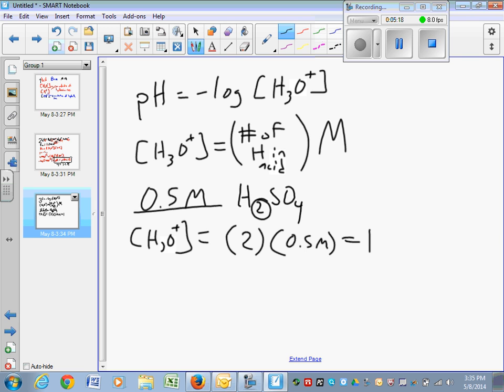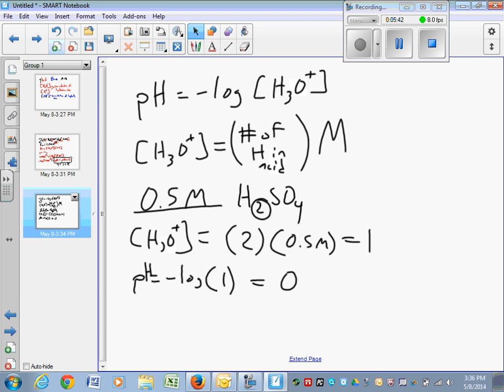So if we do that, it equals 1. Okay? So the hydronium concentration is 1. So what is the pH? pH is the negative log of 1. As it turns out, the negative log of 1 is 0. So the pH of that solution is 0.